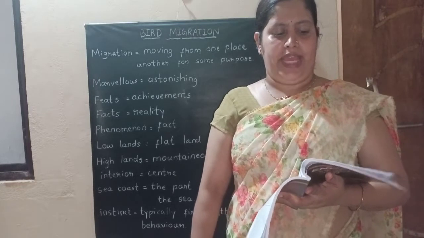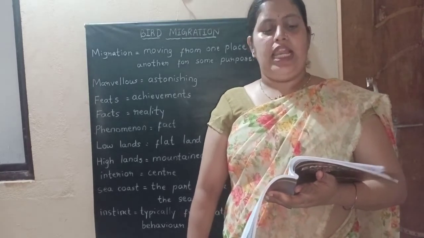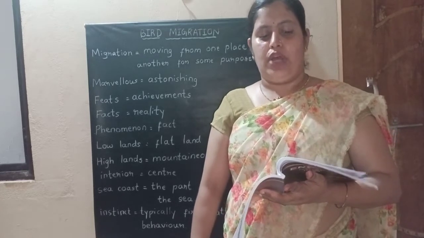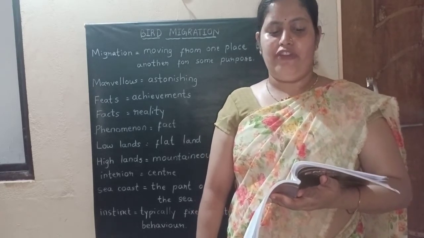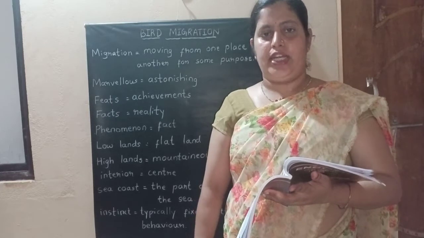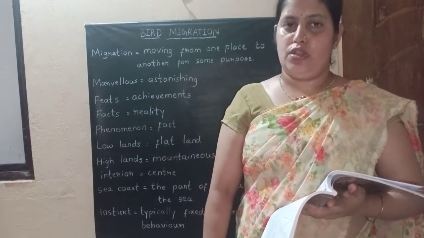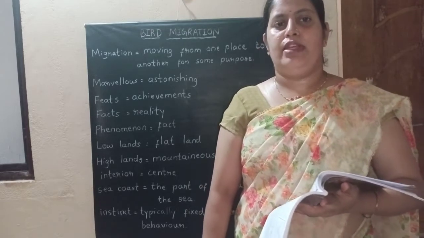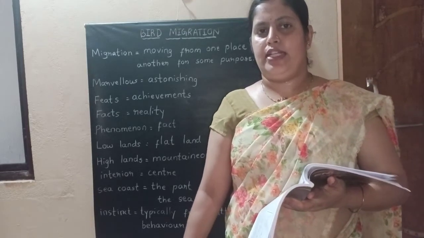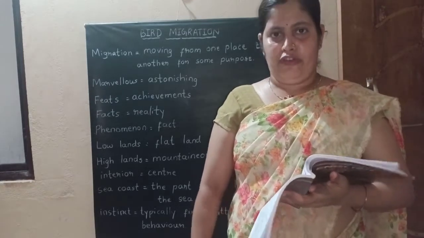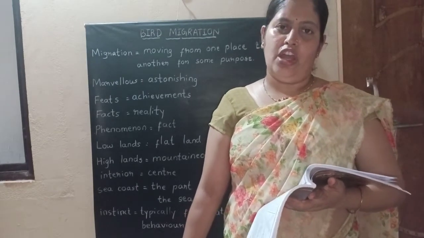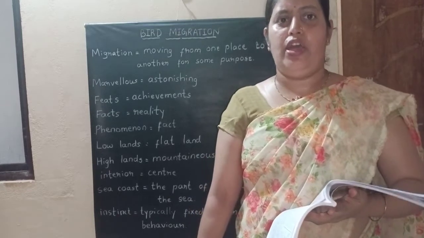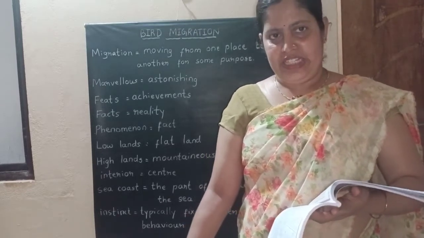It is migrating. Birds, like human beings, move from their native land to other lands in search of food or shelter. Like human beings, birds also what they will do, children? Birds, they will go from one place to another place in search of food and in search of shelter. Shelter means a house to stay or to build their nest.